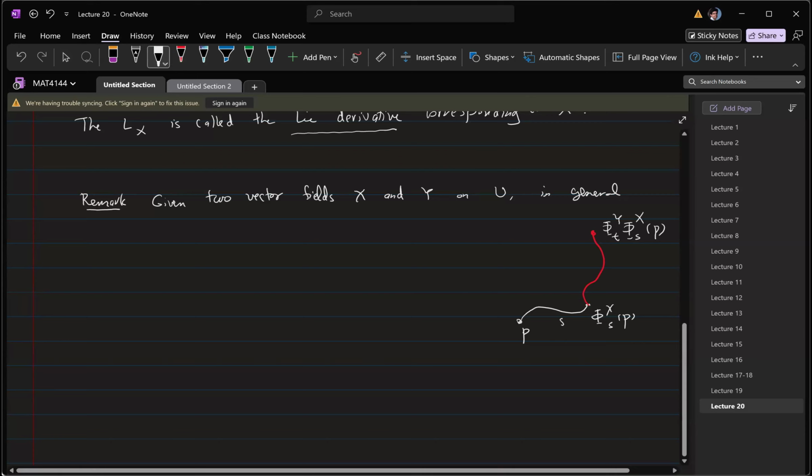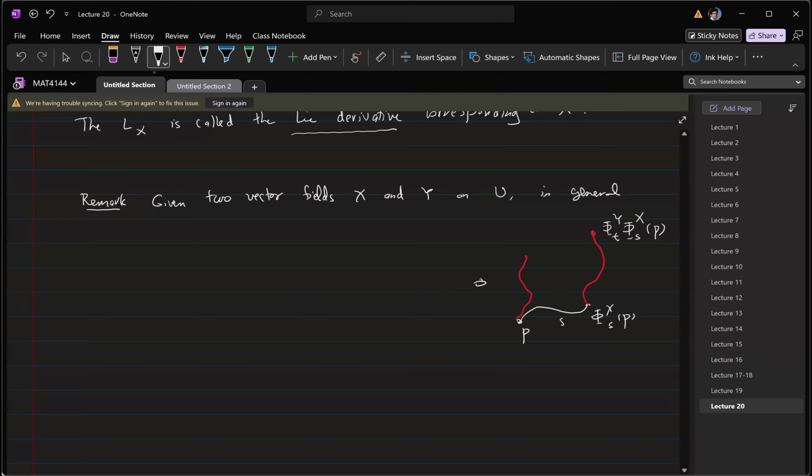Whereas if you do it the other way around, which means first you go with respect to Y for t seconds, so here this is φ^Y_t(p), and then you go with respect to X again, this time for s seconds, you end up with φ^X_s(φ^Y_t(p)).